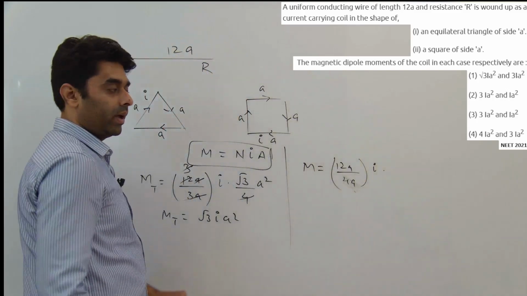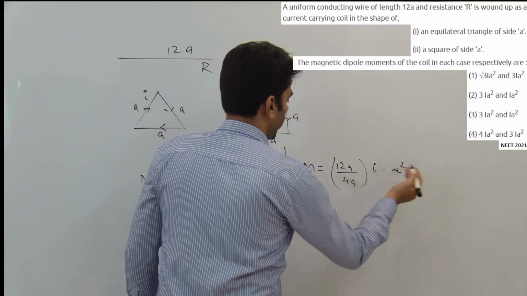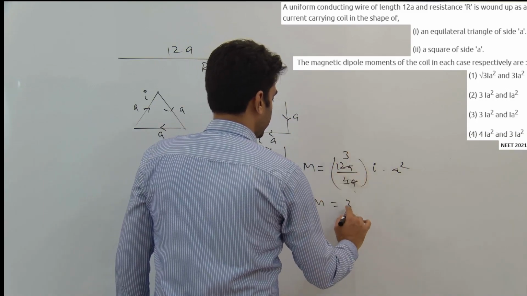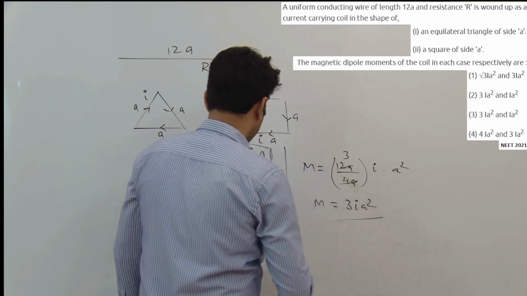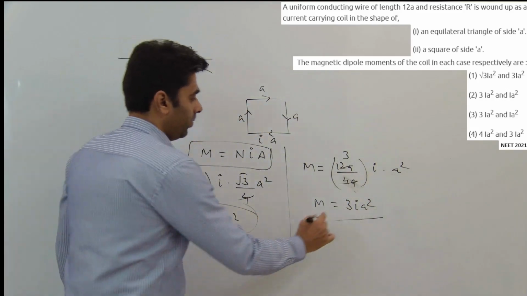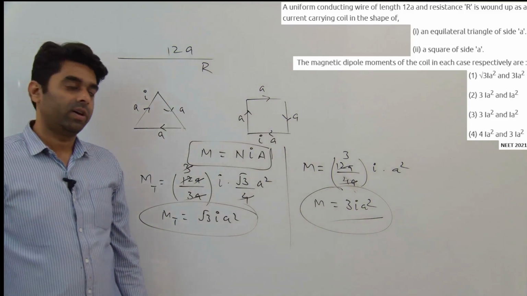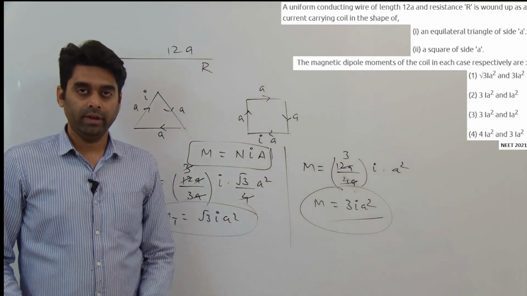Area of the square is A square. 3 times, so M is 3IA square. We have root 3 IA square and 3IA square. You can check the options. Option number 1 gives us the answer, right?